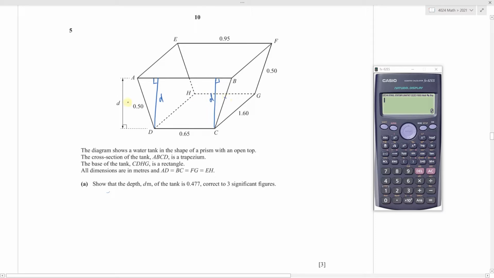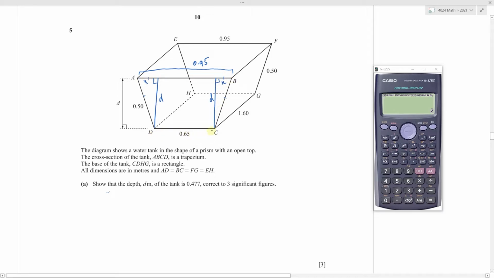And since these two lengths are equal, that means this length is also equal to this length. So this is your trapezium and you're given that this length is the same as this length. So this length will also be equal to this length here. Now you know that this full length is 0.95. And let's call this length x. So this will also be x.